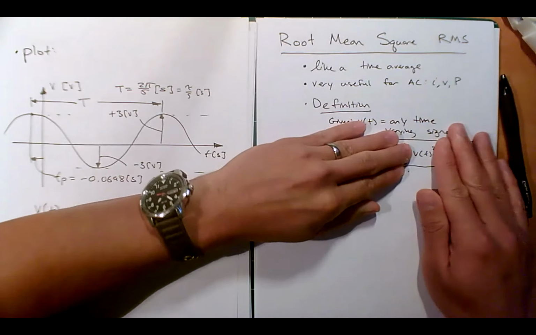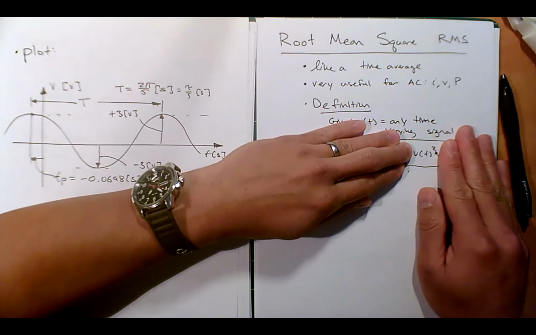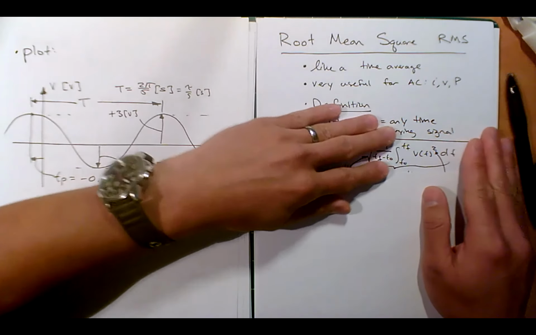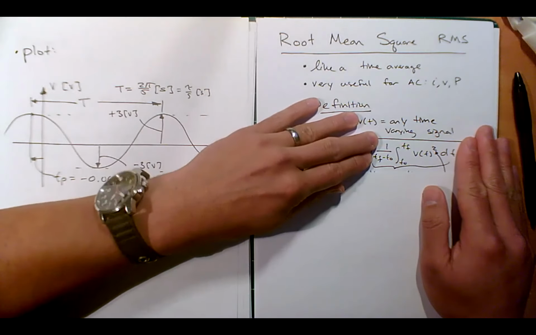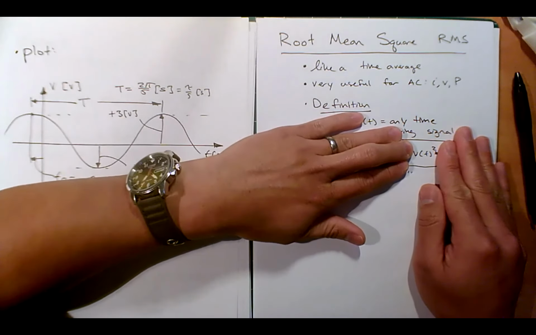So let's look at this. I have my V of t and I square it. Easy. And then we do the mean. Mean is the average, so what is the average? You take the sum and divide by the total number of things.